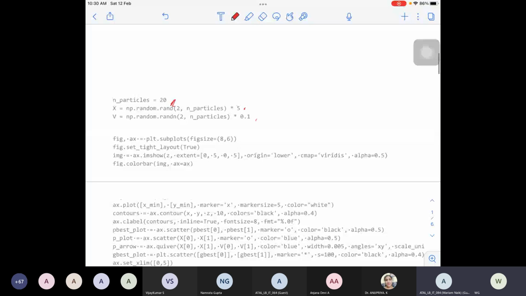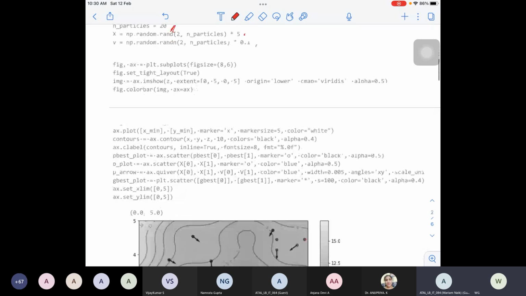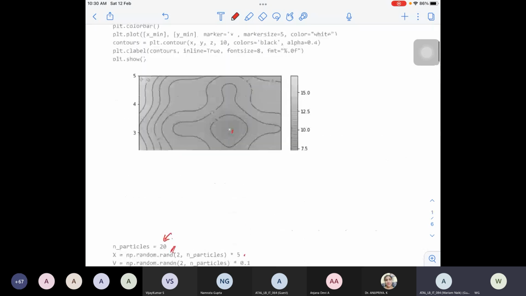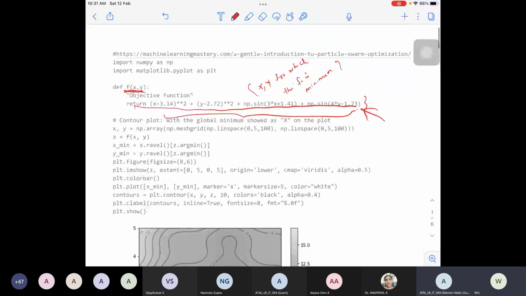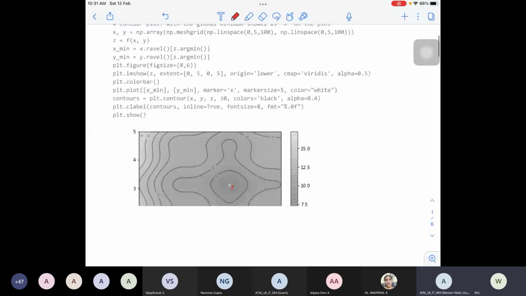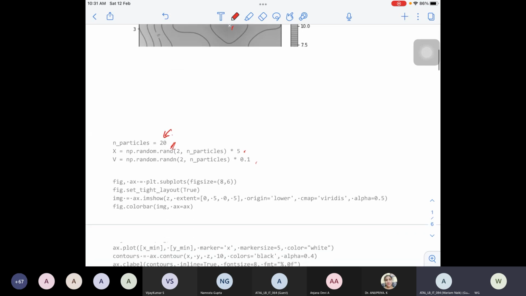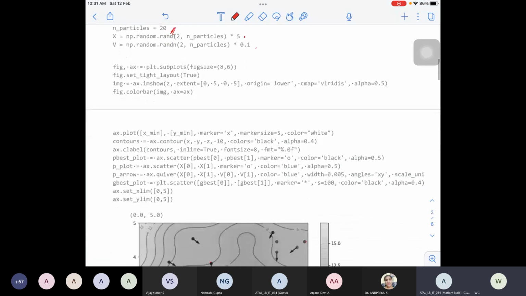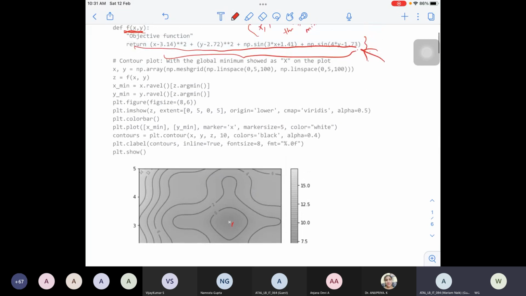Similarly, you can change the number of particles, you can change these constants, right? We have these three constants that are given, so you can change the social and the cognitive coefficient and see how you are able to get to the solution, right?